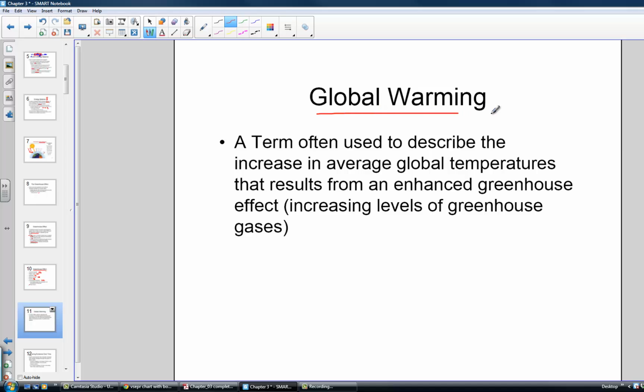But global warming occurs when we have these temperatures of what we would consider global temperatures steadily rising from an increased level of the greenhouse gases that we listed on the previous slide. So global temperatures rise pretty much in correlation as the levels of greenhouse gases rise. Global warming is an effect due to increased greenhouse gases.